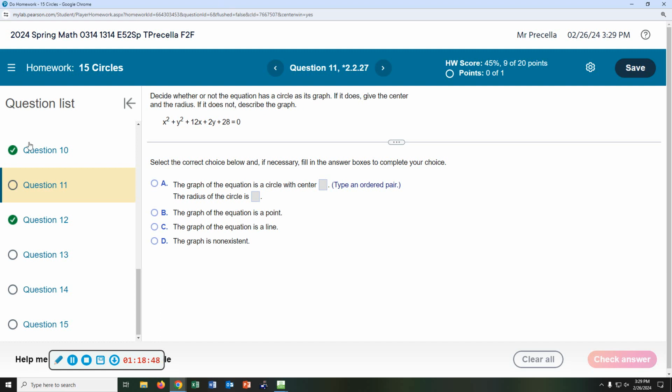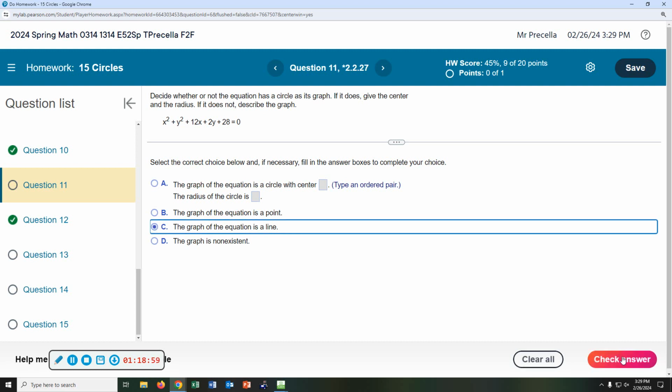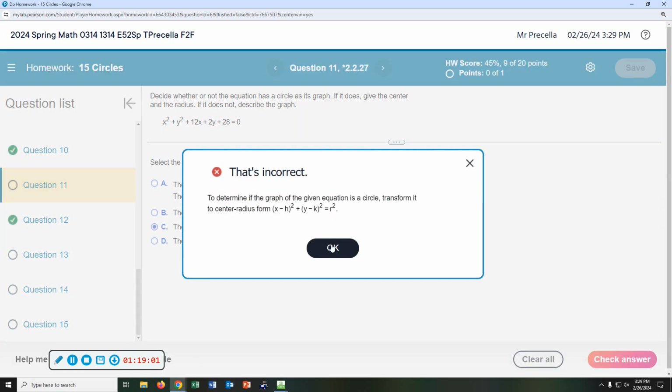Going back to this question, because of the exponents, we know which choice is not a possibility. It's a line. Wrong.